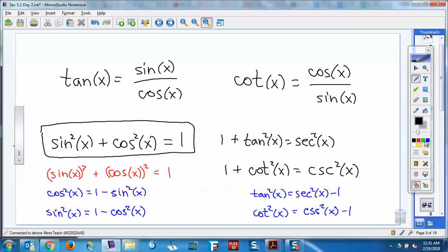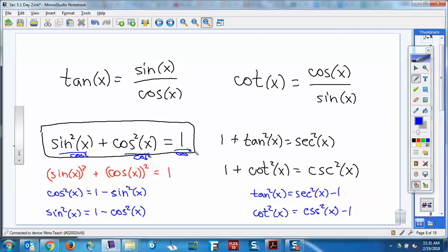You can, like I was showing you the other day, get them by just dividing everything here. This first one we can get by dividing everything by cosine squared. If I divide everything by cosine squared, look what I get. I get tangent squared plus 1 equals secant squared, because 1 over cosine squared is secant squared.